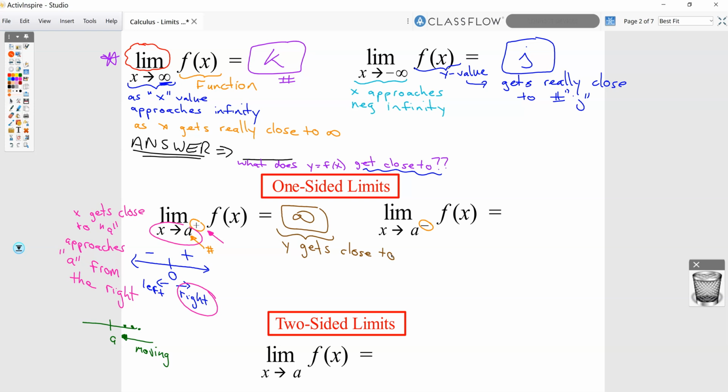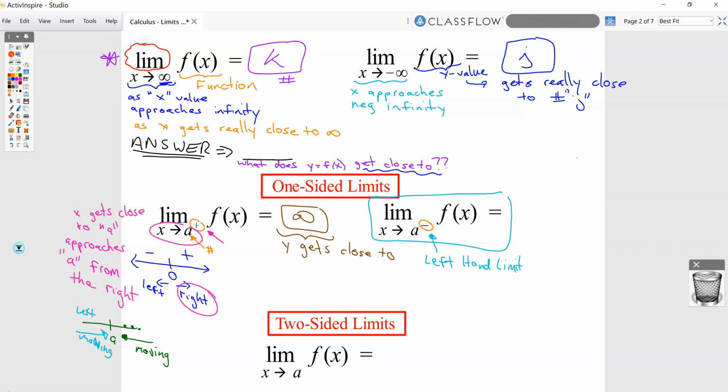All right, look at the one on the far right. So right here, we're approaching the left-hand limit. And that means we're going to be moving from the left-hand side, staying on the left, moving closer and closer to a on the left-hand side.